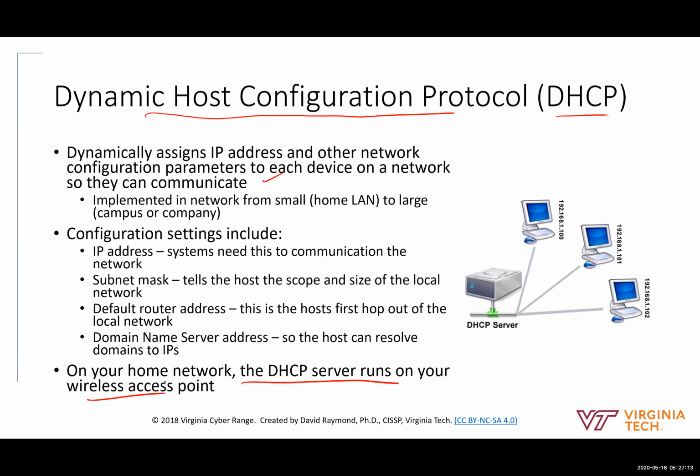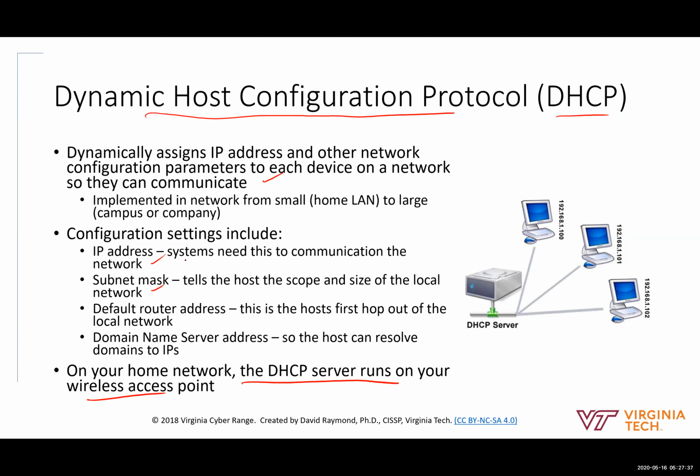And what kind of configuration parameters do I get from this DHCP protocol? Well, I get things like my IP address, right? That's very important, so that my computer has an address that it can use to send traffic to and from other hosts on the network. It gets this thing called a subnet mask, and that tells my computer the scope and the size of the network that it exists in.